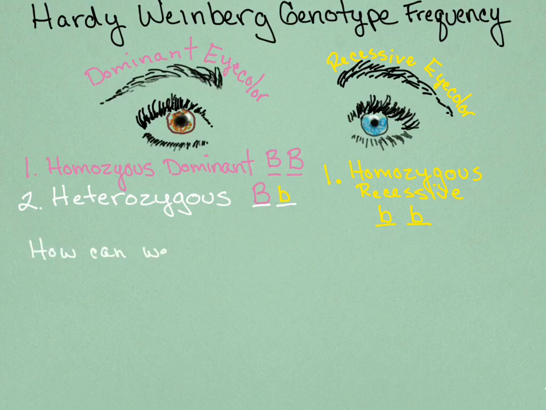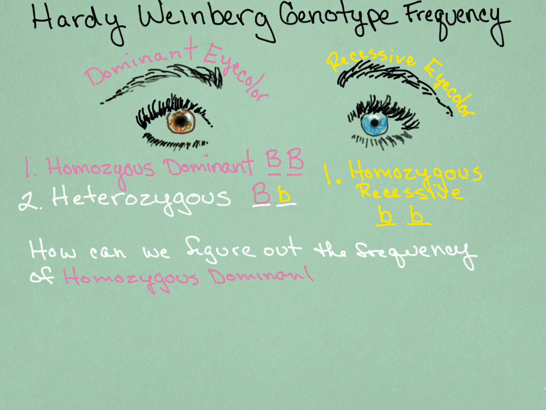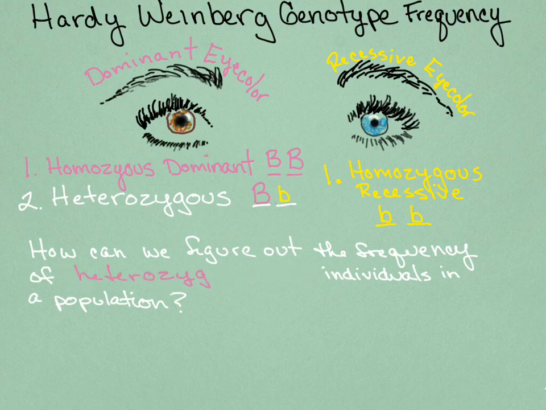All right. So now how can we figure out the frequency of, let's say, homozygous dominant individuals in a population? How do we figure out the genotype frequency of heterozygous individuals in a population? How do we figure out the frequency of homozygous recessive individuals?